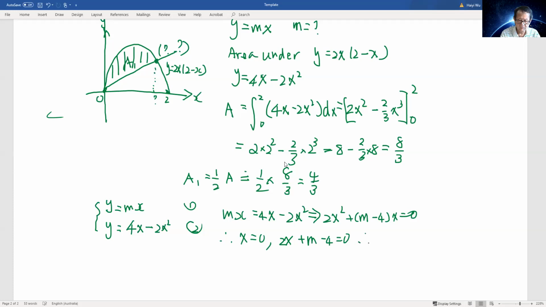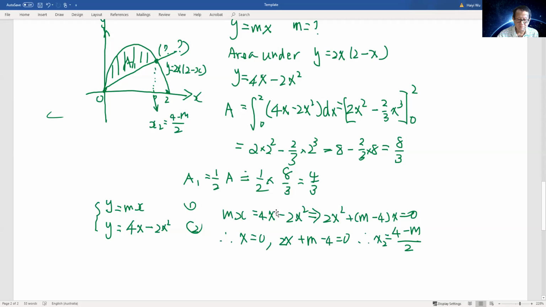So x2 will be (4 minus m) divided by 2. That's the x2, which is this one. So x2 is (4 minus m) divided by 2.